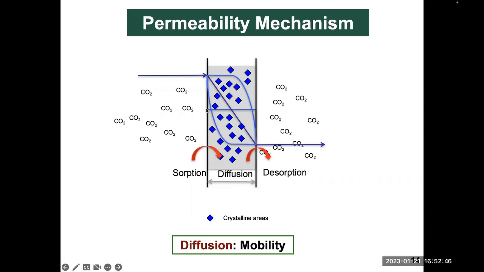Now it could be the shortest path possible, or it may be a kind of zigzag intertwined kind of pathway, but it will avoid the crystalline areas to pass through. So you have sorption followed by diffusion, and then you have desorption of the molecules.